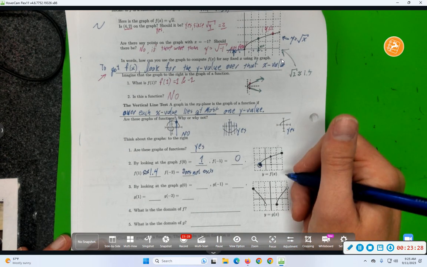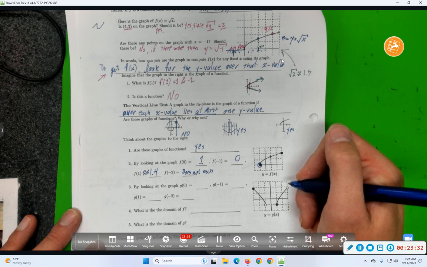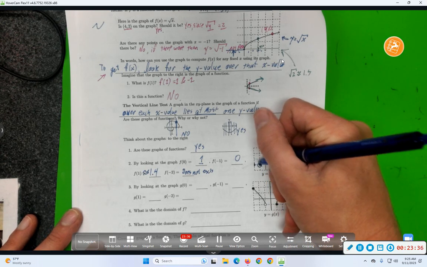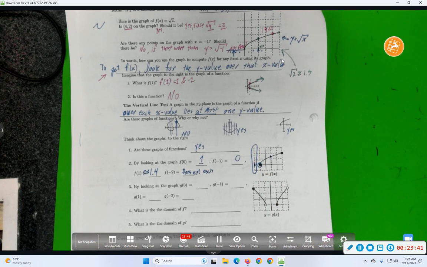Does not exist. Tell me why. Yeah, there's an x value of negative 2. The instructions for understanding the graph of a function say look for a y value over that, and there isn't one. So f of negative 2 does not exist.